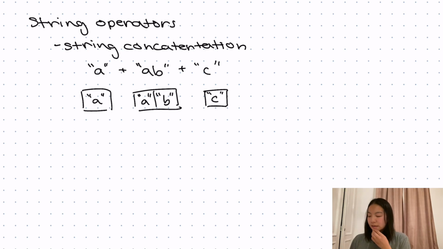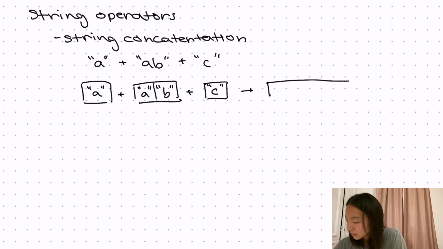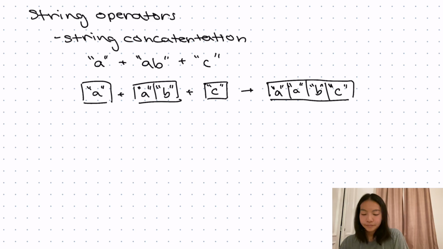So what string concatenation is doing is saying, okay, just concatenate, add all these things together so that we can get a new string where the values are A, B, and C.